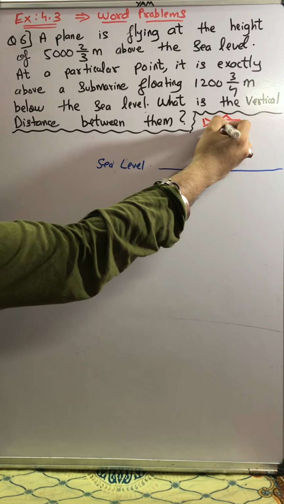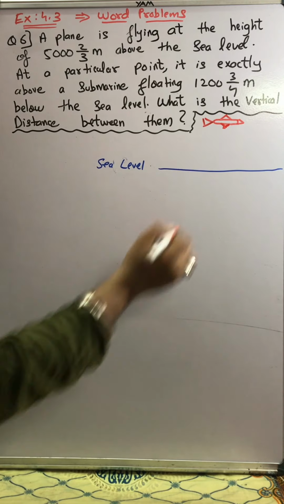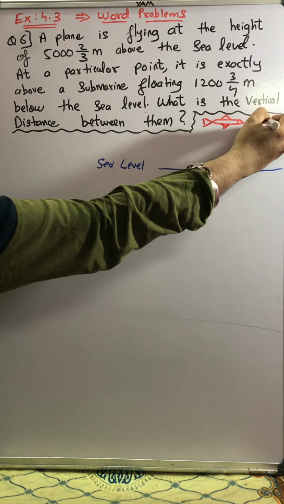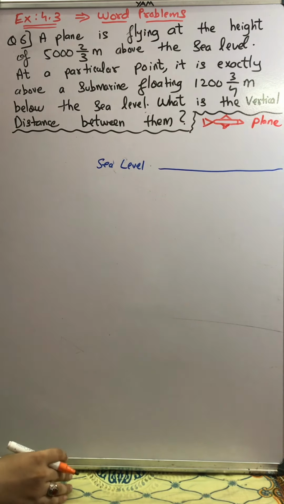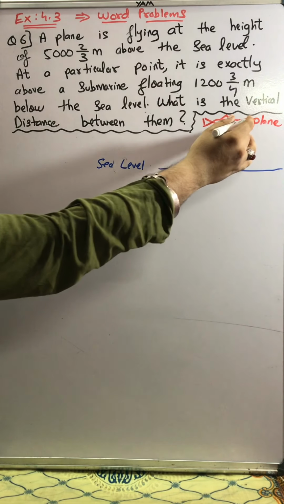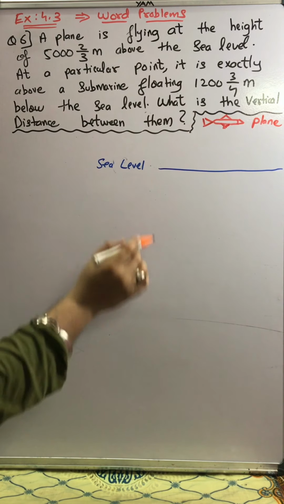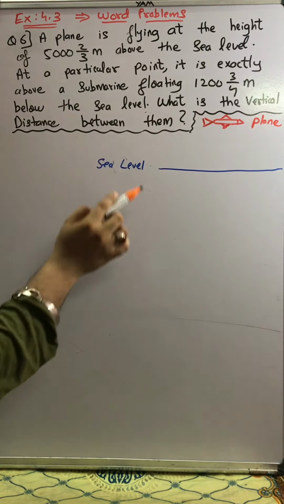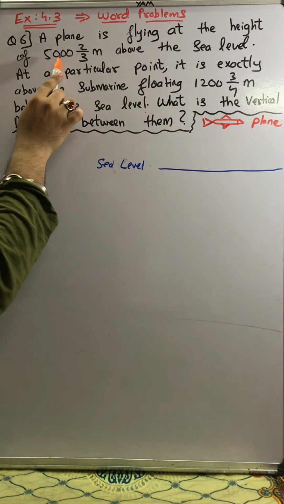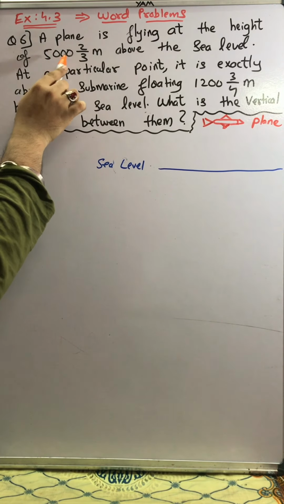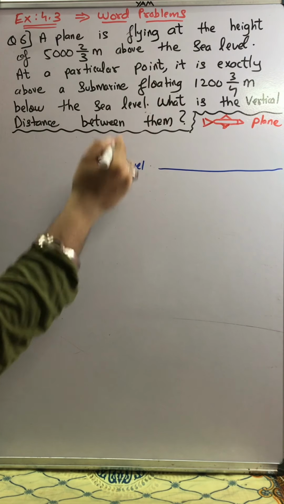This is a plane. Yes, it is a plane, okay? Don't get confused. It's a plane flying at a height of 500 2/3 meters above the sea level.